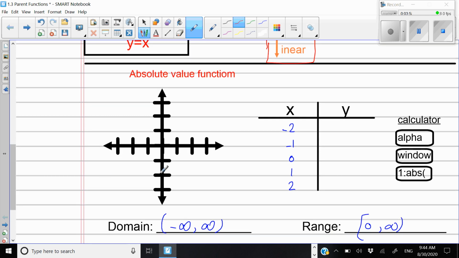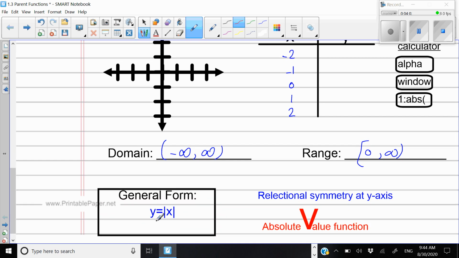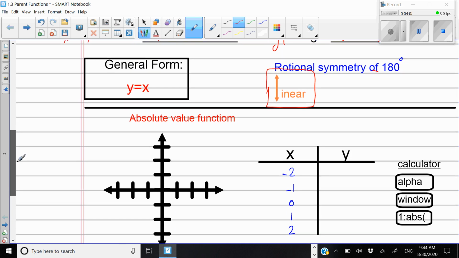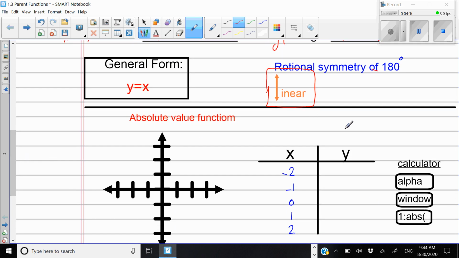Next, we have the absolute value function. The general form of the equation is y equals |x|, the absolute value of x. What does this do? If you have, let's say, a value of -2, and you give it to the function y equals the absolute value of x, it's going to change it to 2.